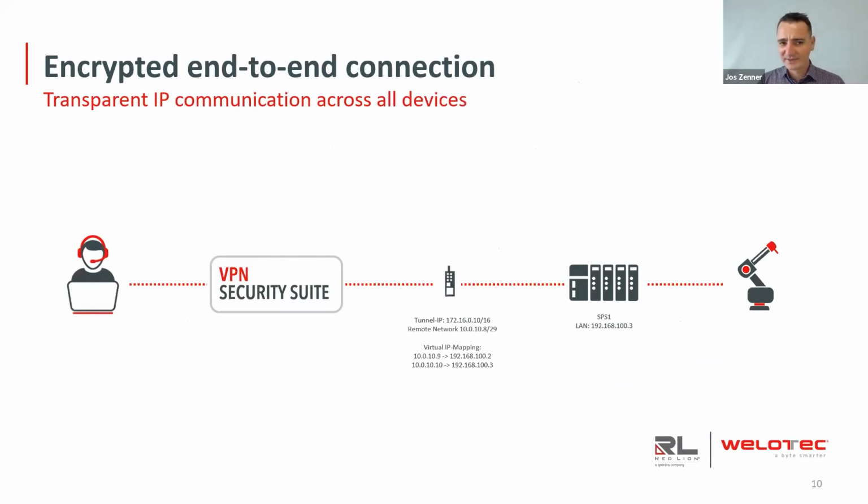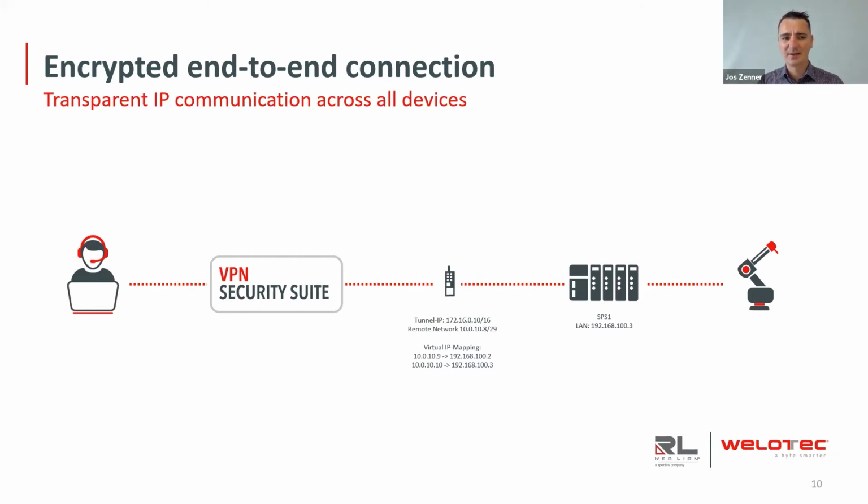So what we offer is end-to-end encryption. What you see on the right-hand side is a machine which is usually connected to a PLC. Then you have a gateway, which could be a router, a FlexEdge, or any other edge device. Then you have a wide area network like the internet, with a server where all those devices connect to.